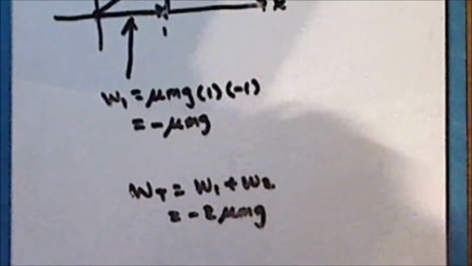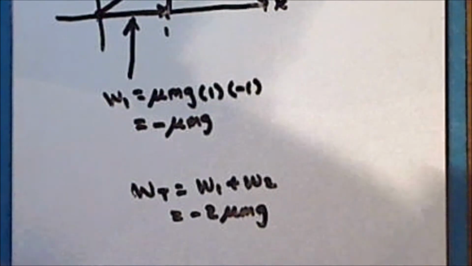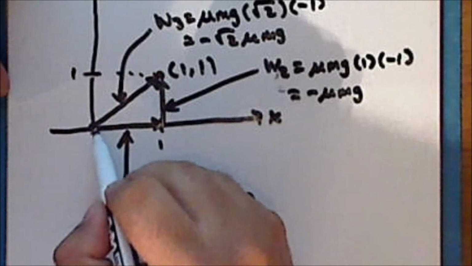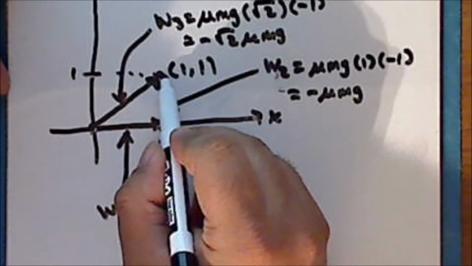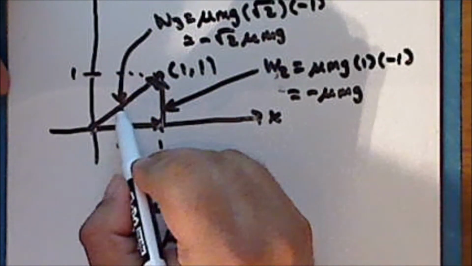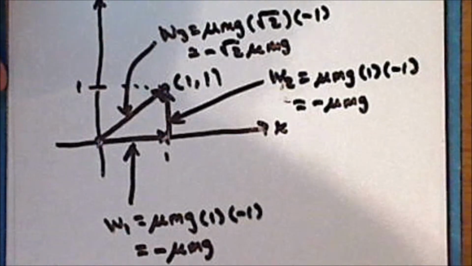So let's look at the work done on the closed path from the origin to the point (1, 0) to the point (1, 1), and then back along the line y equals x to the origin.